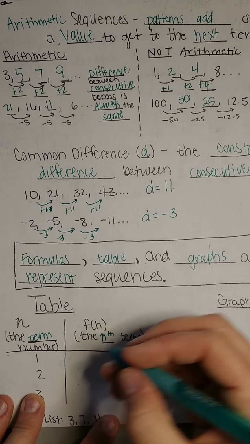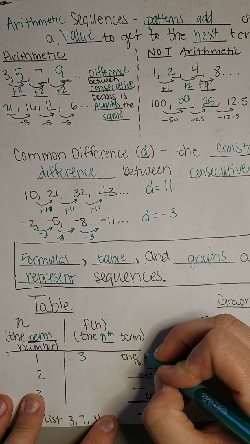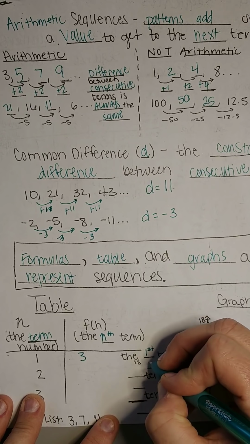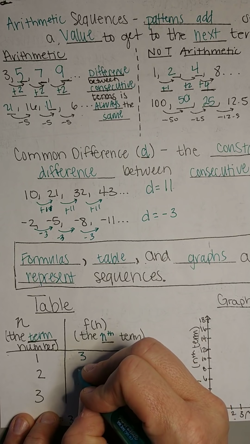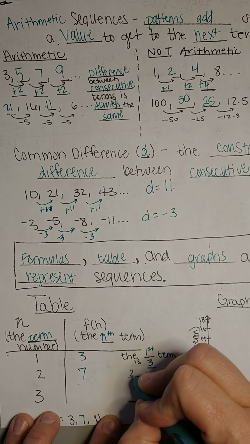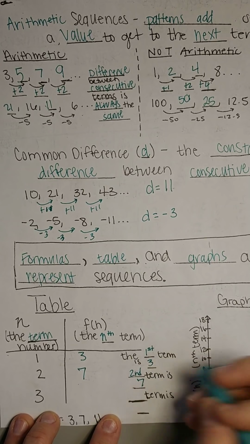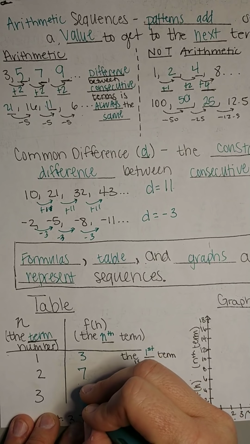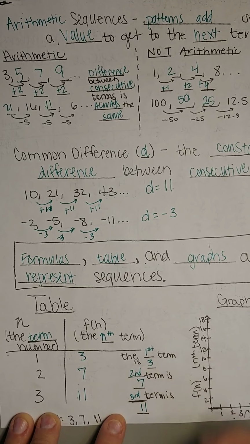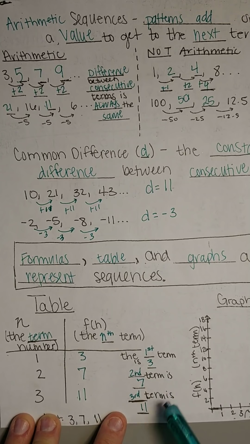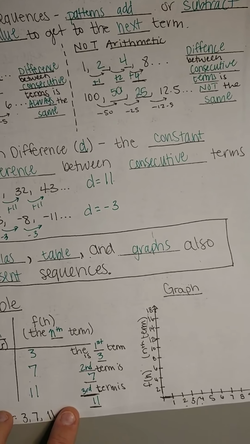So the first term is 3. The second term is 7. And the third term is 11. So we could go tables, we could go words, we could put this on a graph.